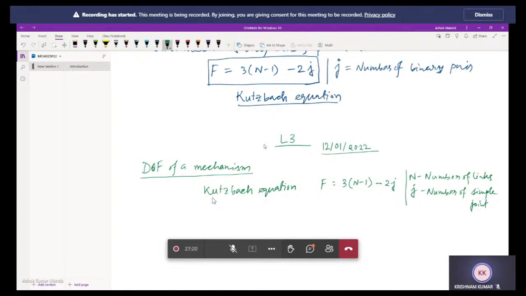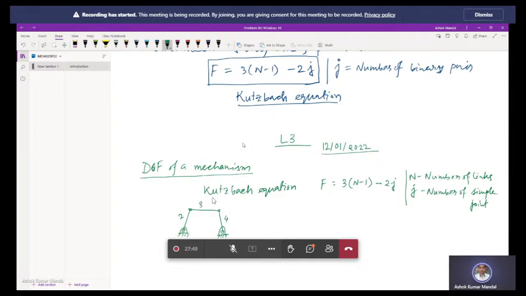So for a 4-bar mechanism, let us test this. Just draw here a 4-bar mechanism. Link number 1, 2, 3, 4.